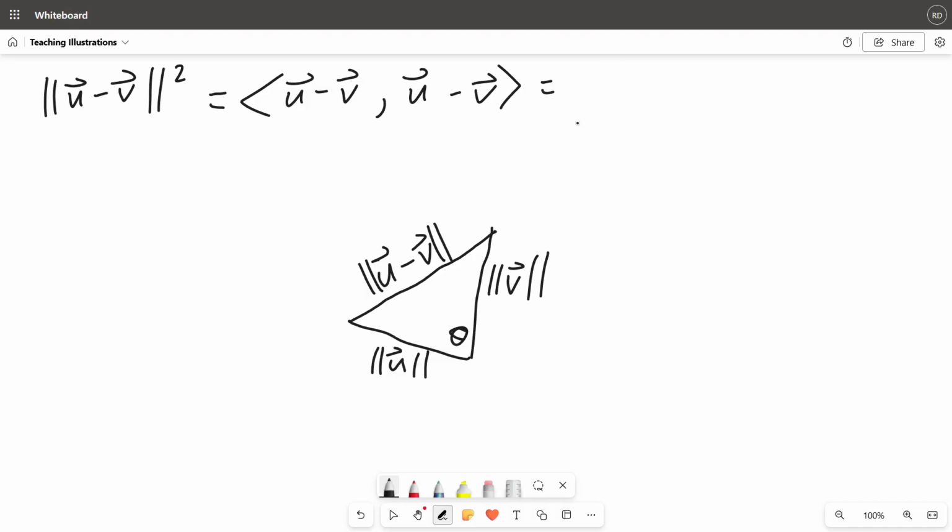Now we can use the distributive property, the additive property. Wait, hold on, I'm saying something wrong here.